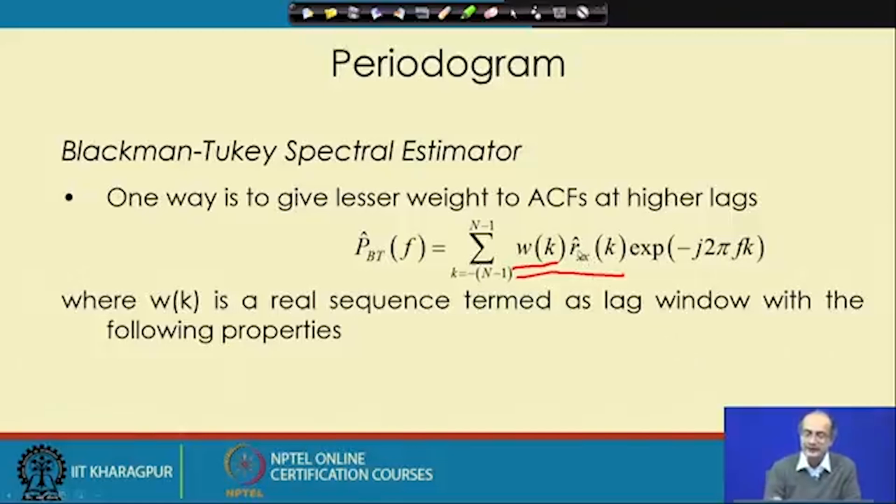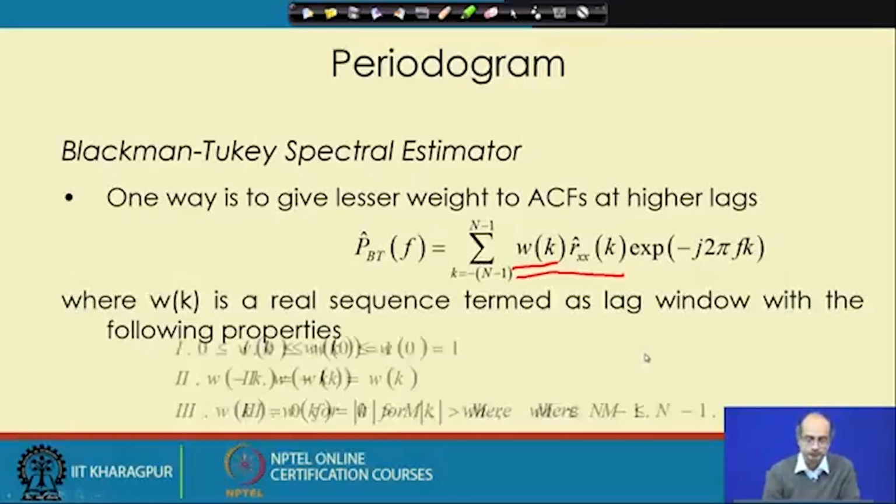We know near the center that autocorrelation function estimates are better and they become more and more unreliable as we move away from the 0th lag. So, W, the windowing function, should actually look at that phenomenon and take appropriate action for them.